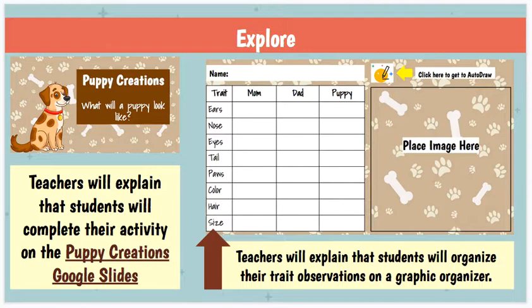And you're going to do the same thing for the dad dog. And then you're going to have to put on your thinking caps and really think about, if the mom looks like this and the dad looks like this, what might the puppy look like using your knowledge of traits? And then they would fill out the puppy column of all the traits that the puppy might have.